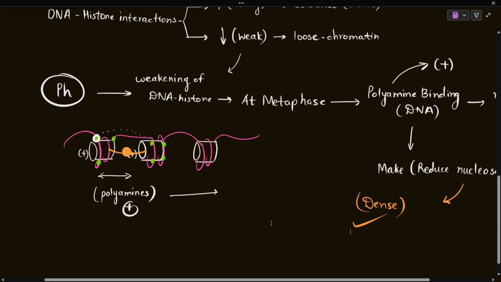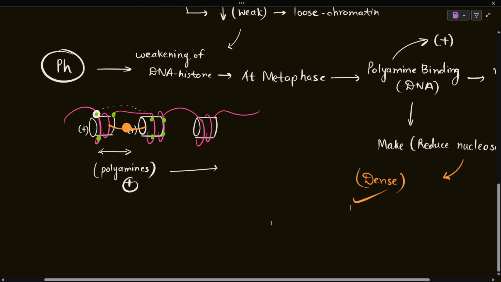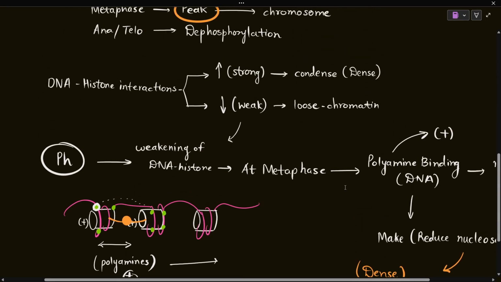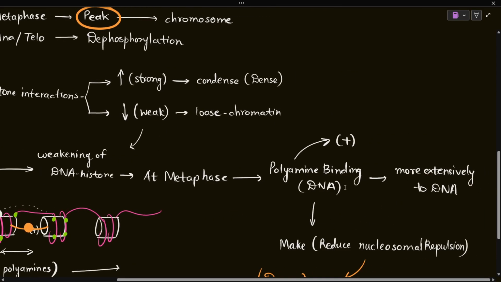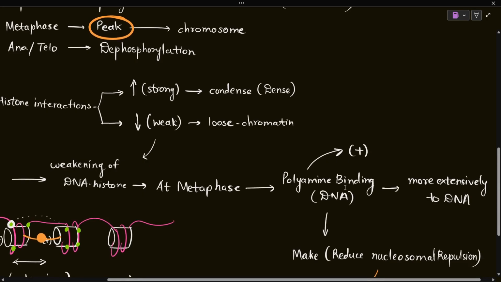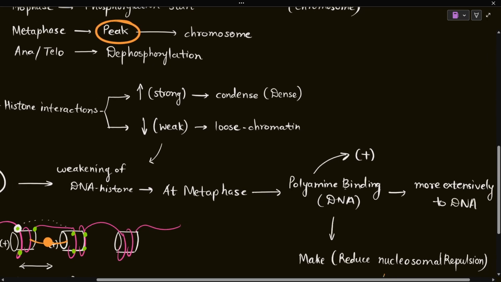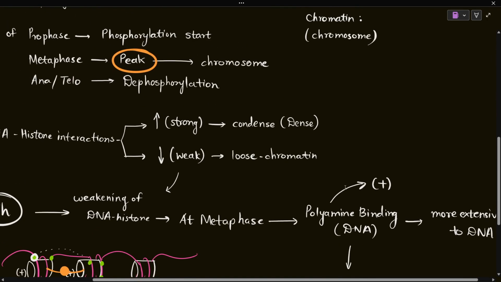But this doesn't happen during acetylation, because acetylation only loosens up the DNA and makes it more accessible at the regions which are going to be actively transcribing. But phosphorylation at metaphase weakens the DNA histone interaction, and then increases polyamine binding, which makes the DNA more condensed.